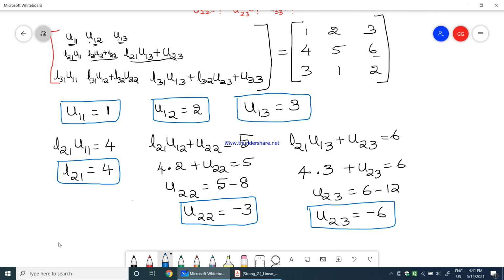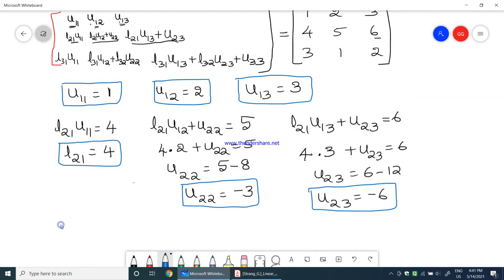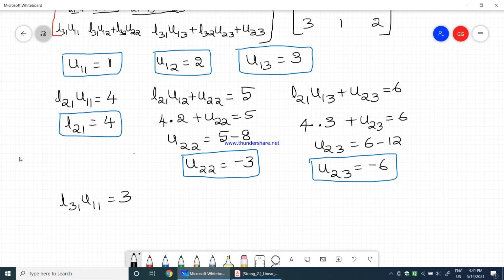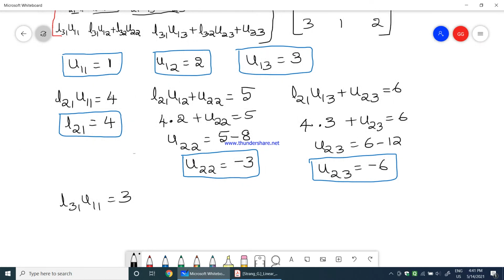Now we equate the third row with this third row. L31 into U11 will be equal to 3, and U11 is 1, therefore L31 will be equal to 3.